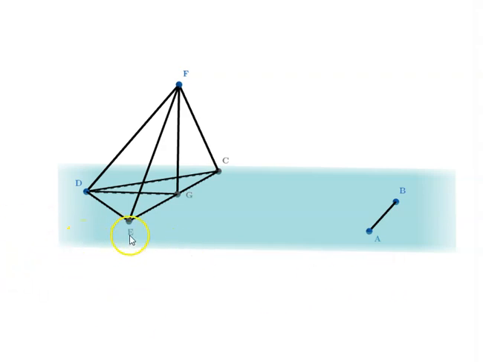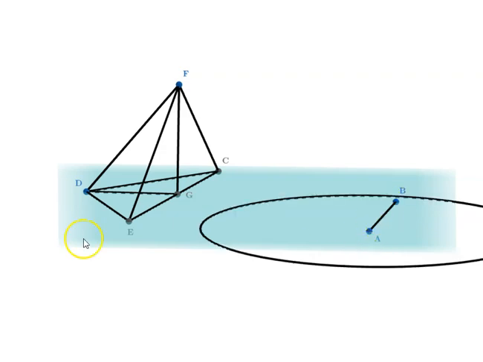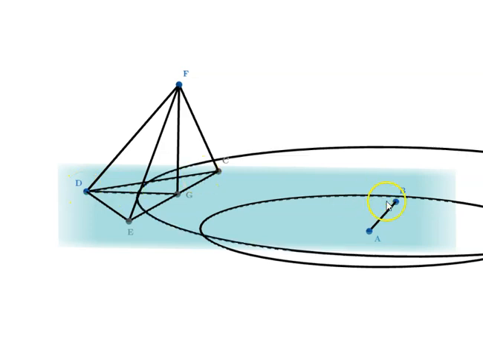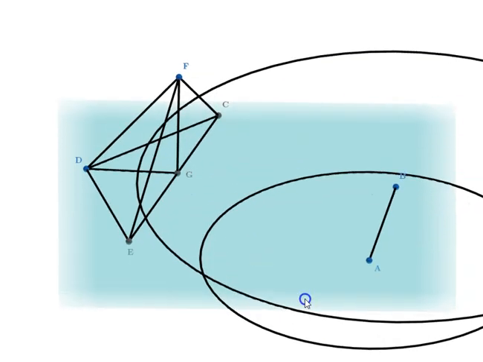So first is to copy angle EDC to A on AB. So we draw a circle with center A and radius as CD. And we draw a circle with center at B. Let me rotate it so that it becomes clearer.